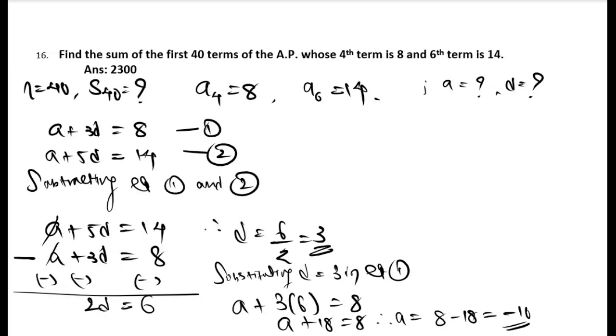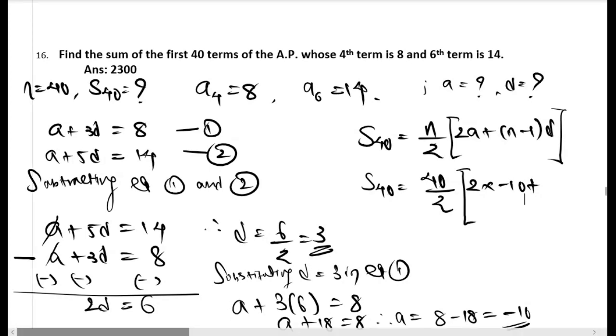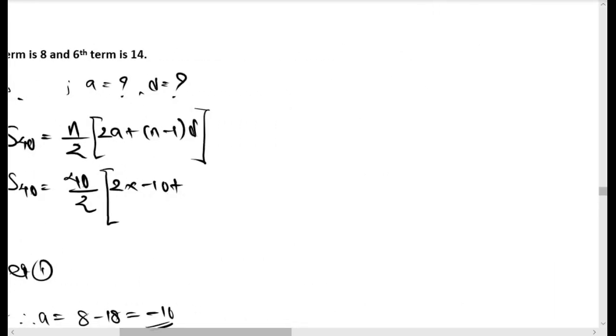Now I have to find the sum of first 40 terms. S40 is equal to n by 2 bracket 2a plus n minus 1 into d. So S40 is equal to 40 by 2 bracket 2a, that is 2 into minus 10 plus n minus 1, that is 40 minus 1 into d, which is 3.